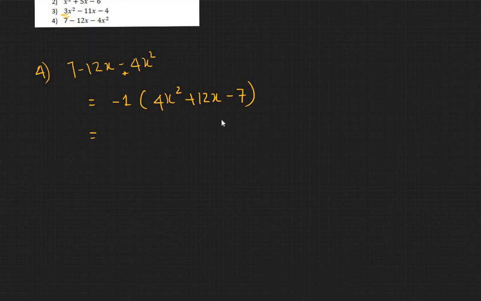So all the signs have got flipped here. Now you can approach the idea that the sum of the terms is 12 and the product of the terms is 4 into minus 7, that's minus 28.